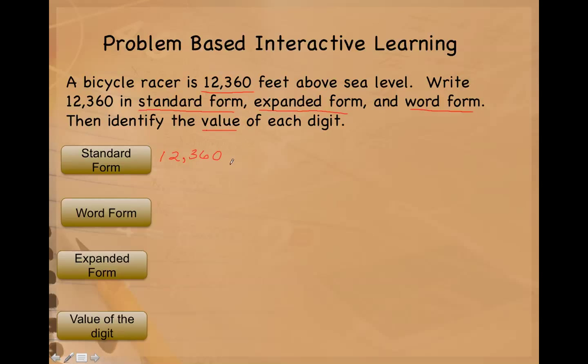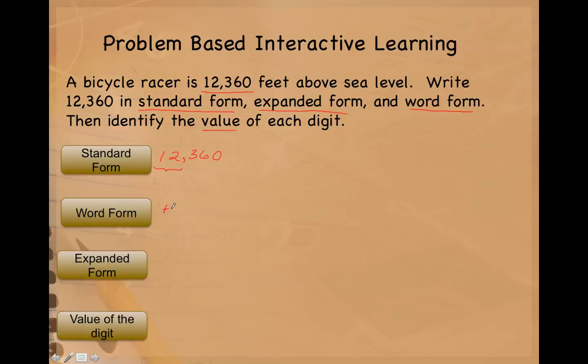The next thing I need to do is write this number in word form. When I read this number, I look at one period at a time, and the period is the space between the commas. So this period, I see the number 12, and then this comma says 1,000.